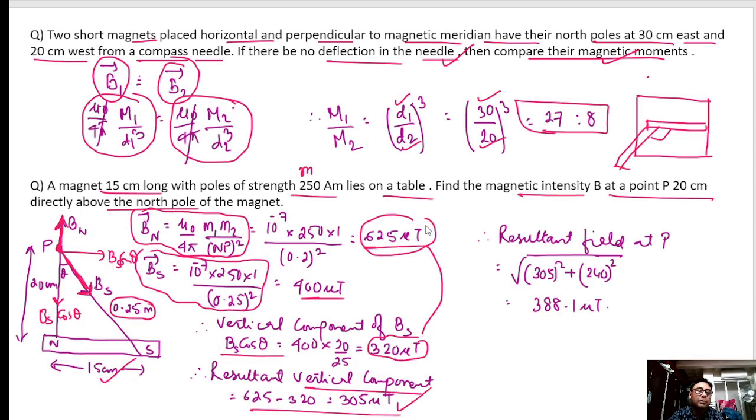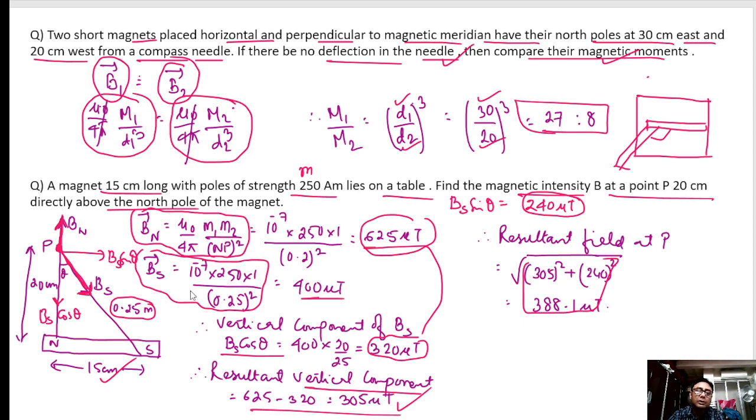And the horizontal component is given as this. This is the net vertical component, clear, and horizontal component is BS sin theta, that we have to calculate, which will come out to be 240 micro Tesla, and then find out the resultant of that, which is this.